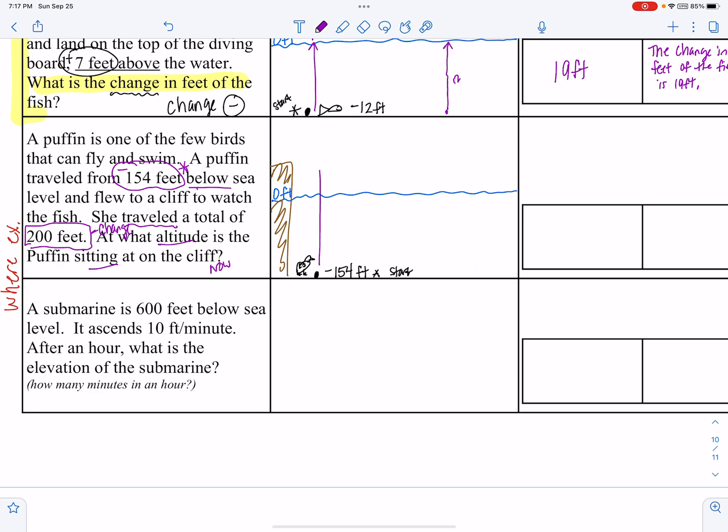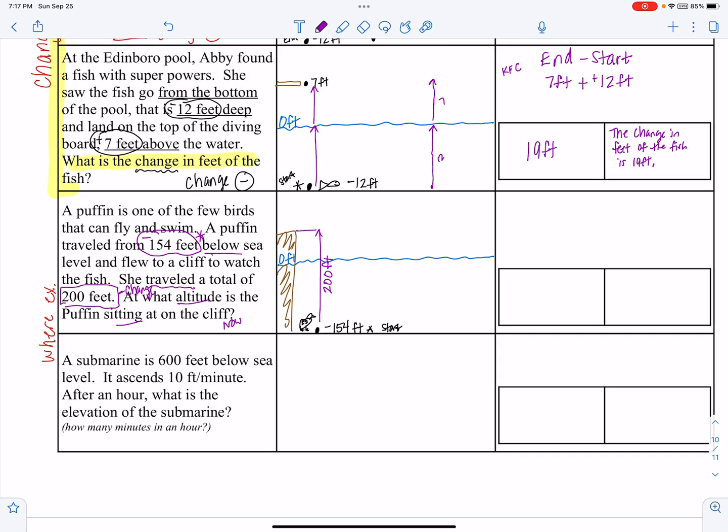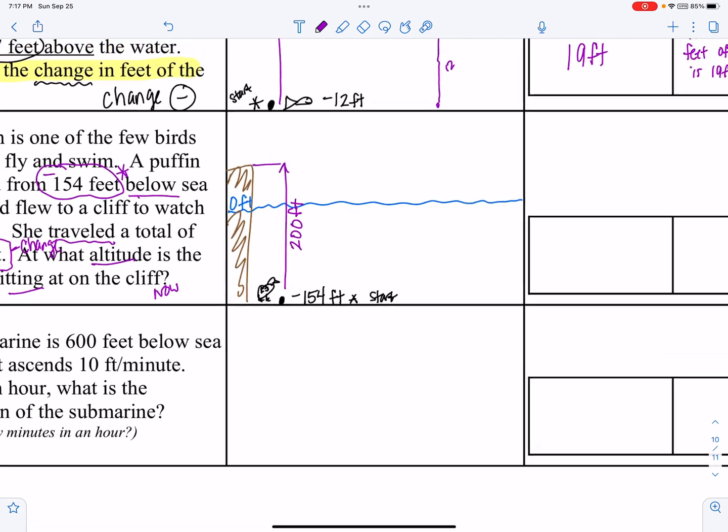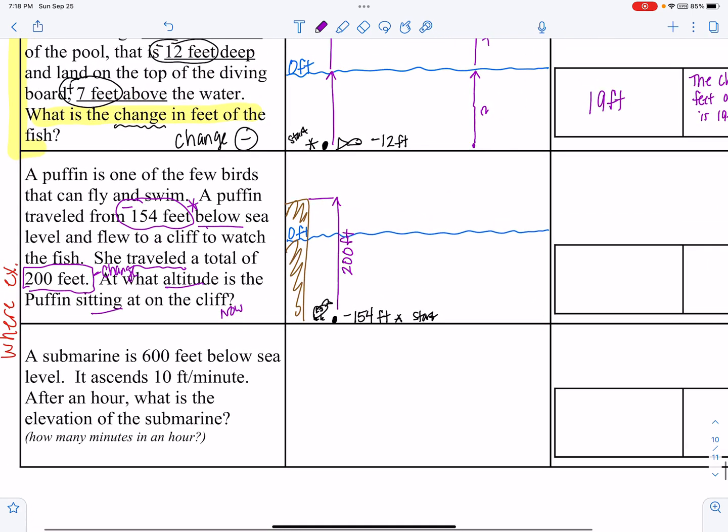So this whole thing, to this point, and notice how I'm going to write it like this. I'm showing the distance traveled was 200 feet rather than having a point plotted. So it traveled 200 feet. So we have a start time, a traveled distance or a change, and then I don't know, it says, what altitude am I at now? So how many feet am I at the top here?